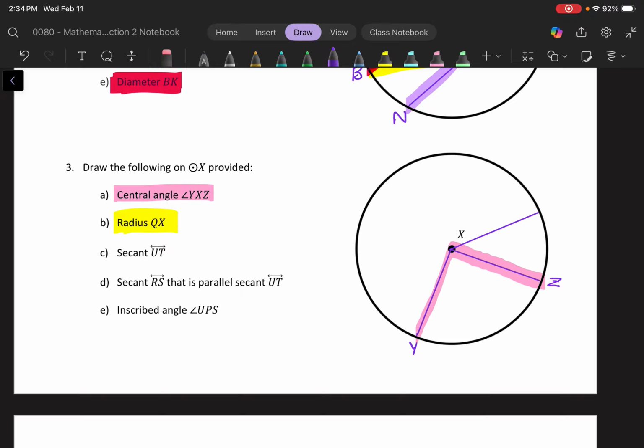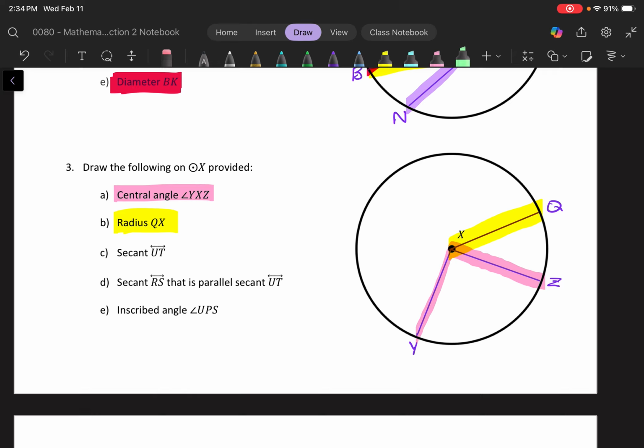And I'm simply going to connect that edge point Q to the center point X. Again, it could be literally anywhere in this diagram as long as we have that radius connecting point Q to point X. Double check yours. Double check your partner's. Do they have a radius that connects Q to X?